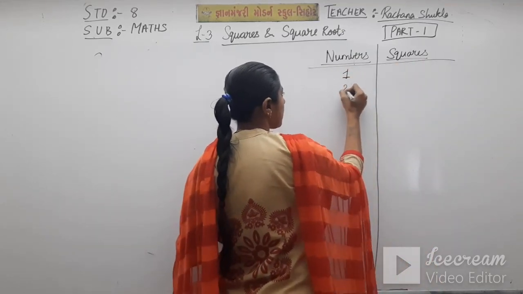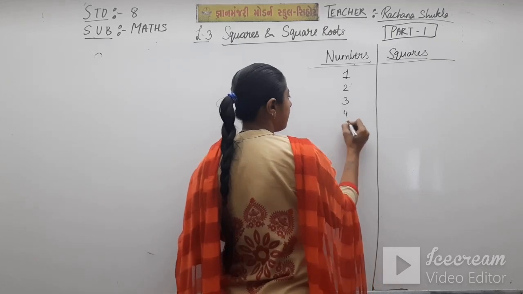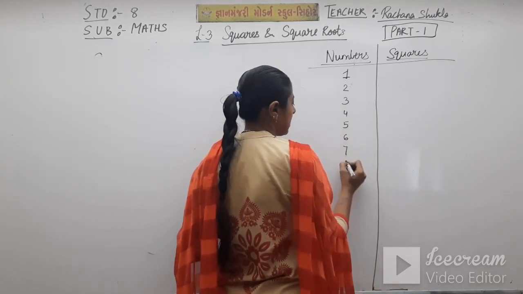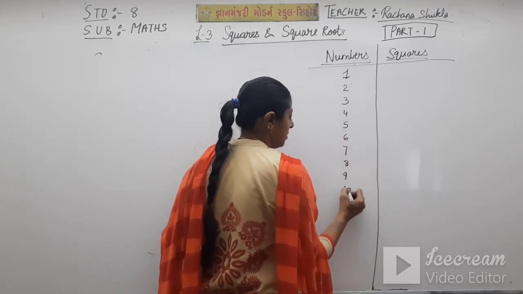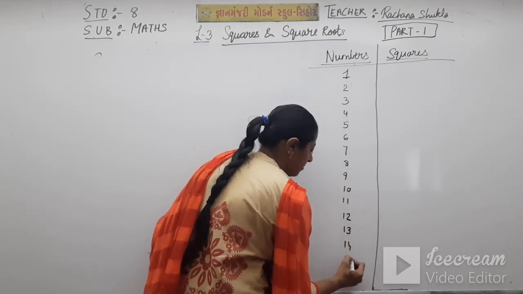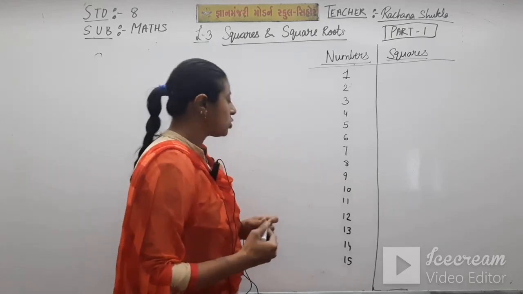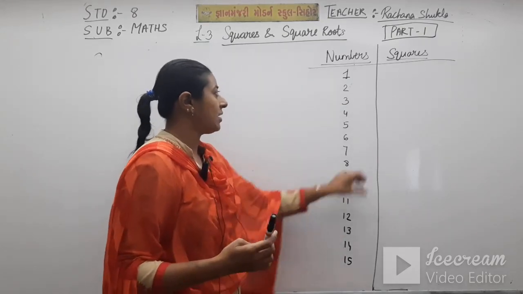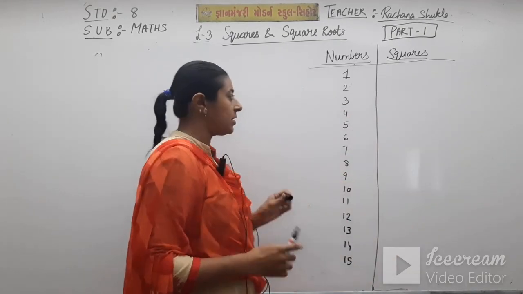Numbers 1, 2, 3, 4, 5, 6, 7, 8, 9, 10, 11, 12, 13, 14, 15. So, from 1 to 15 and the squares of 1 to 15.